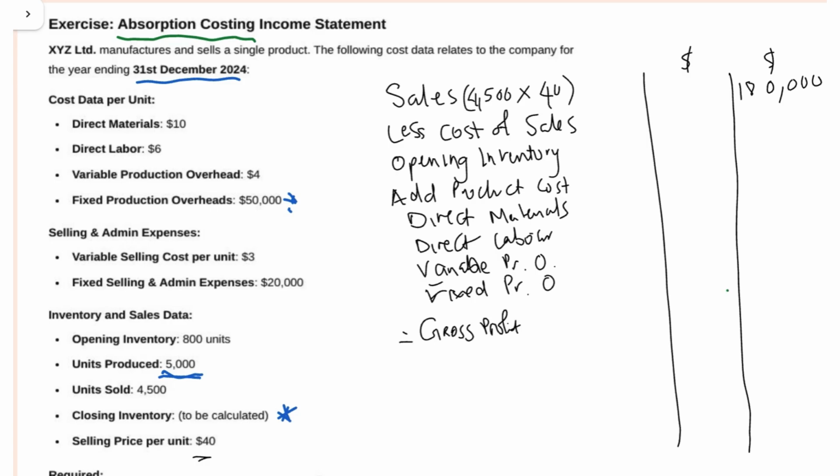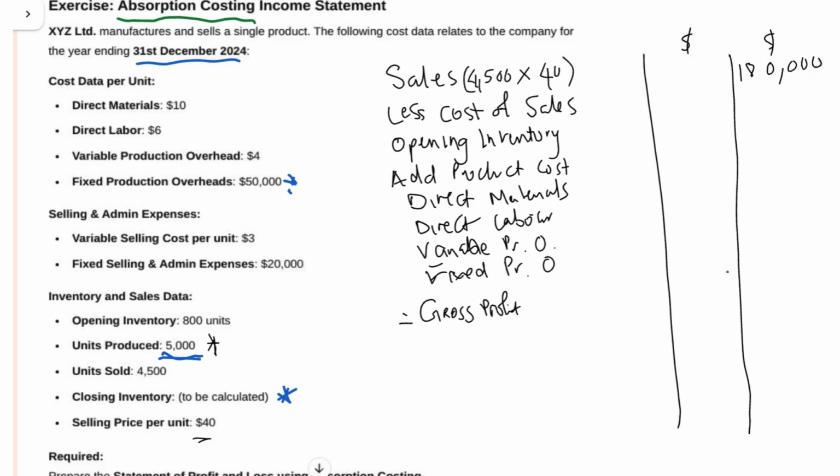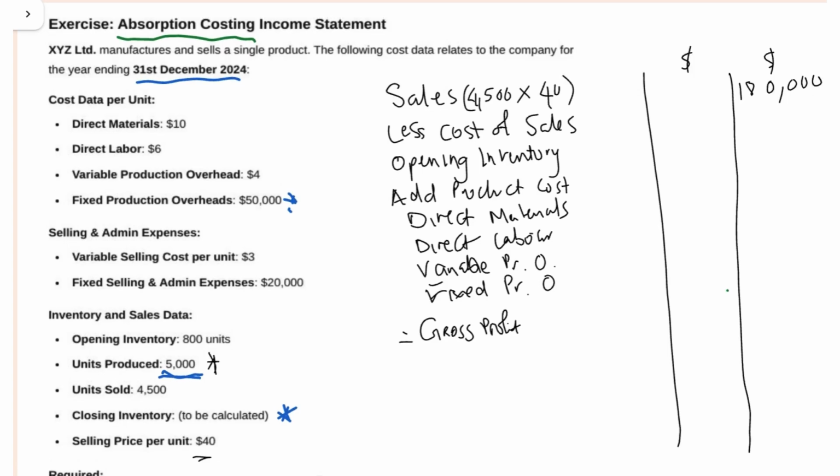So our direct materials is at $10. We will say $10 times your units produced here, which is 5,000. So 10 times 5,000, if you put that in your calculator, it should give you 50,000. Direct labor is at 6, so 6 times 5,000 gives me 30,000.